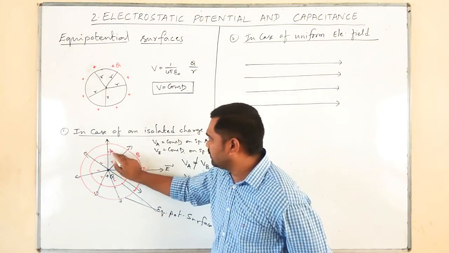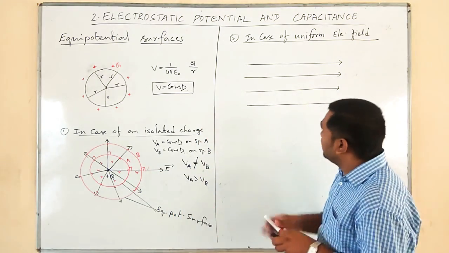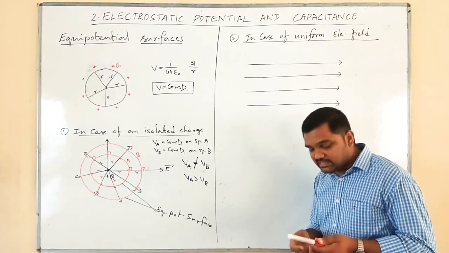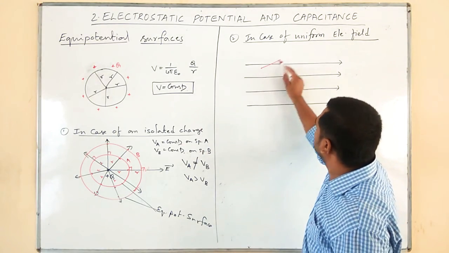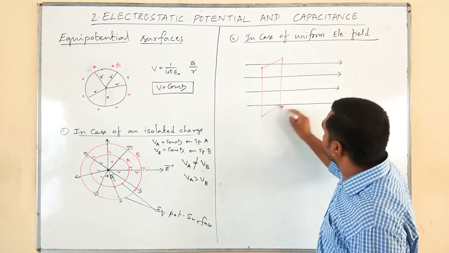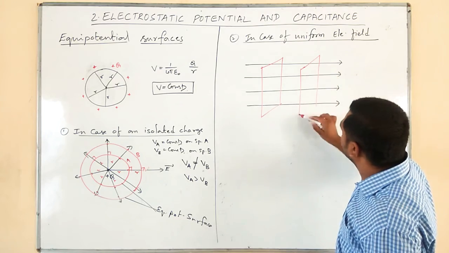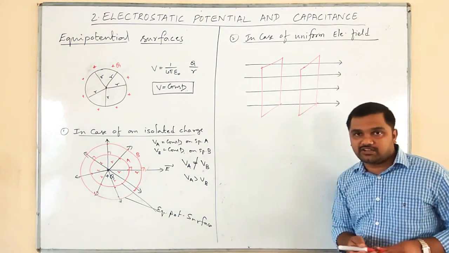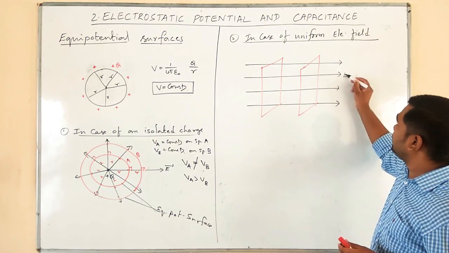You can see everywhere, anywhere, the angle will be 90 degrees. Here, in order to satisfy that condition, how can I draw the equipotential surfaces? Like this. These are the equipotential surfaces in case of a uniform electric field.